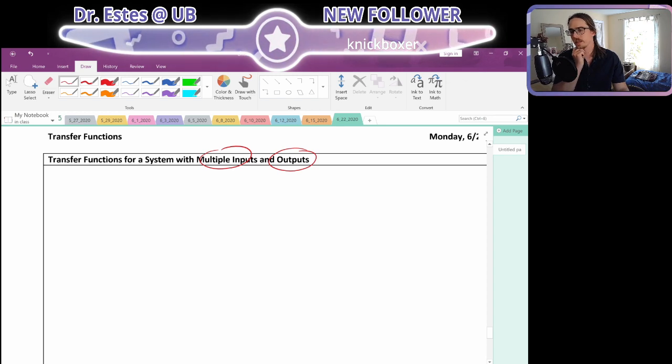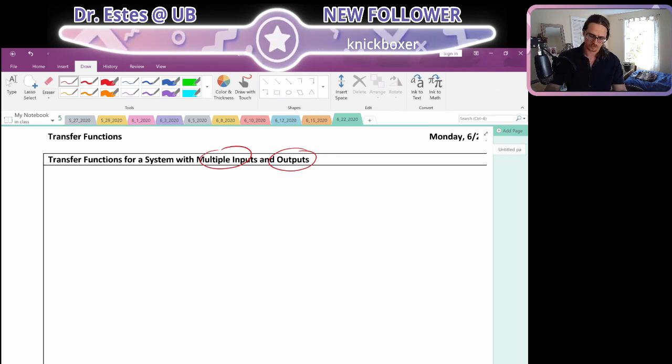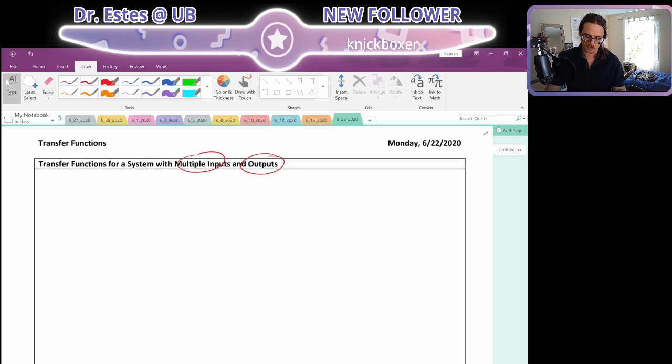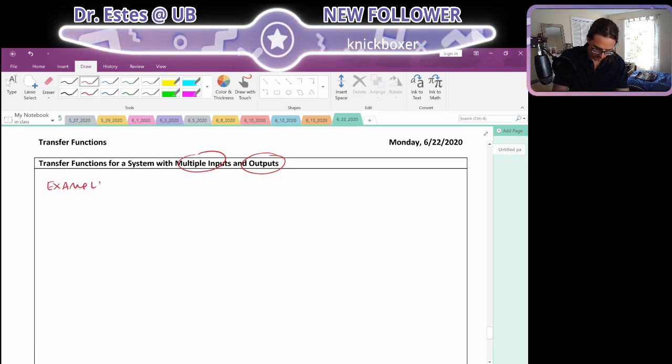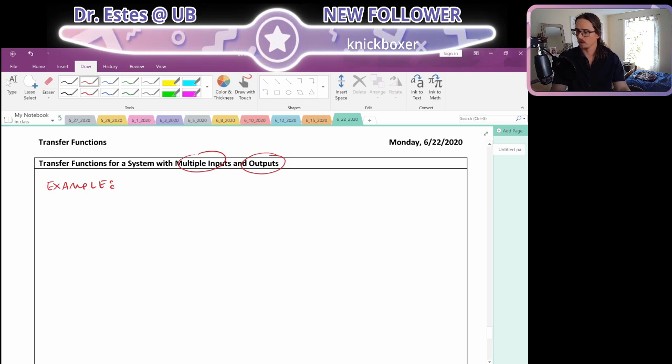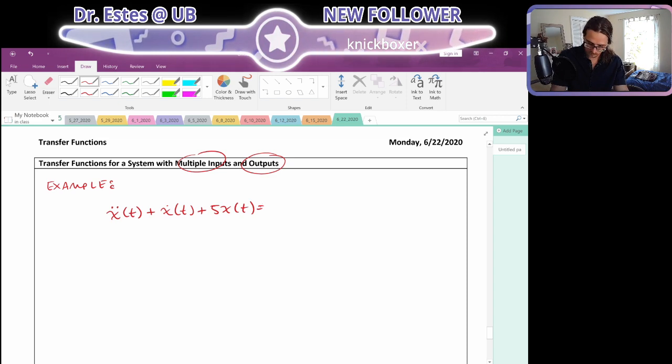The last example we did had multiple outputs, but it didn't have multiple inputs. So let us look at this system. This is going to have two inputs.